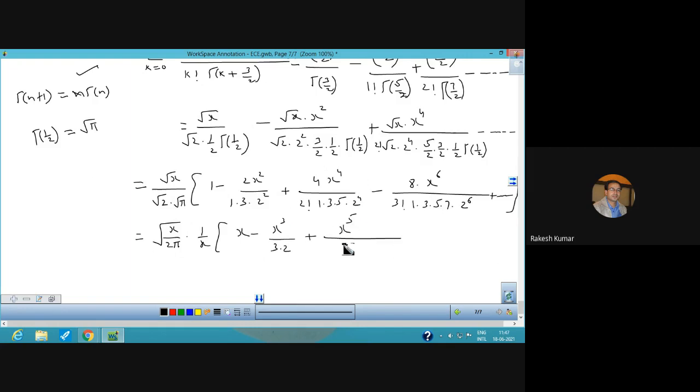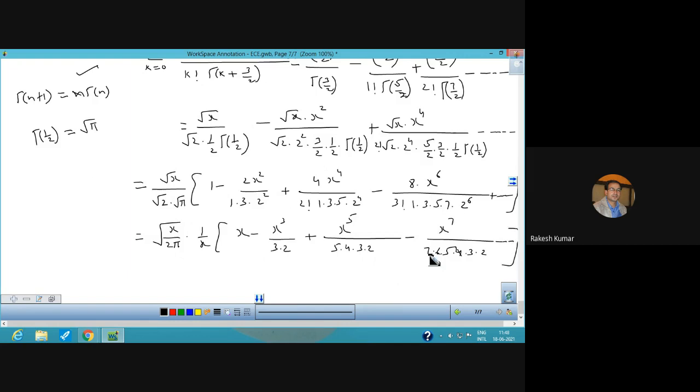Now in the denominator we shall have 5 4 3 into 2, and in the next step we shall have x raised to power 7, 7 6 5 4 3 into 2, and so on. Now this is the adjustment we have done.